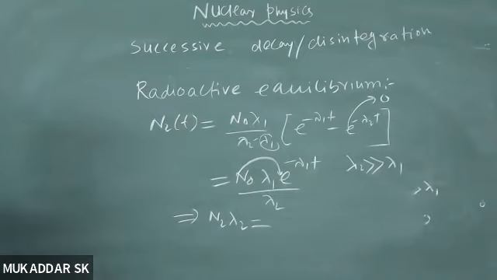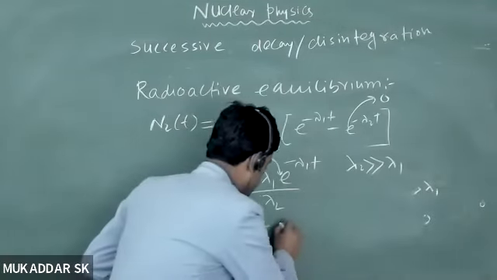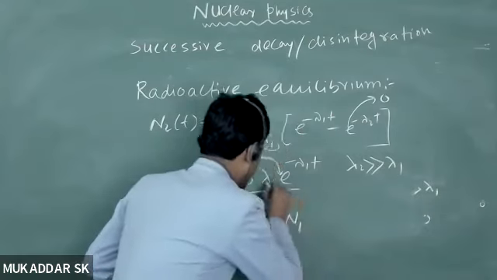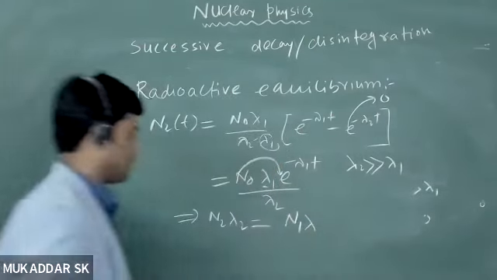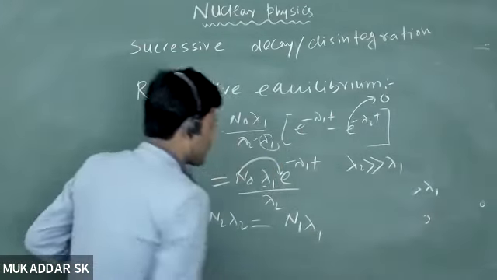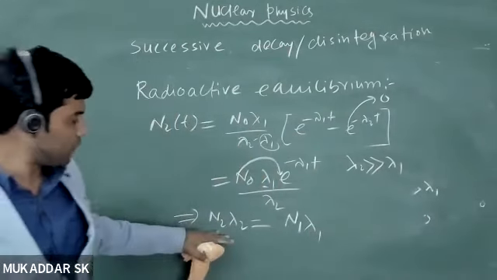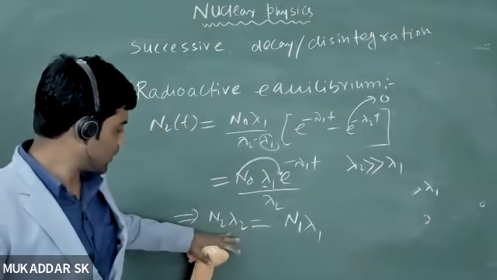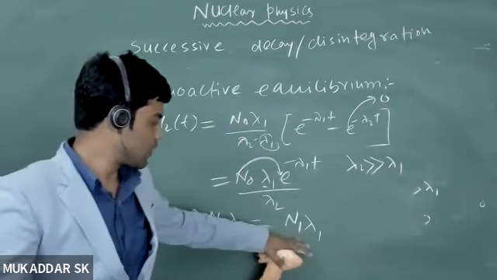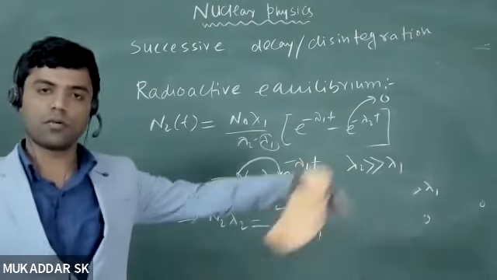If you remember, that was nothing but N1. So you'll get N1 and you have lambda 1. So I can say this is a condition for secular equilibrium, that N2 lambda 2 equals N1 lambda 1 and equals N3 lambda 3, and so on.